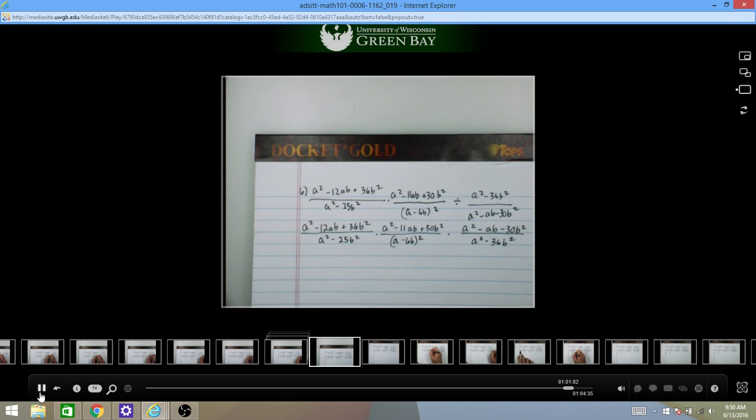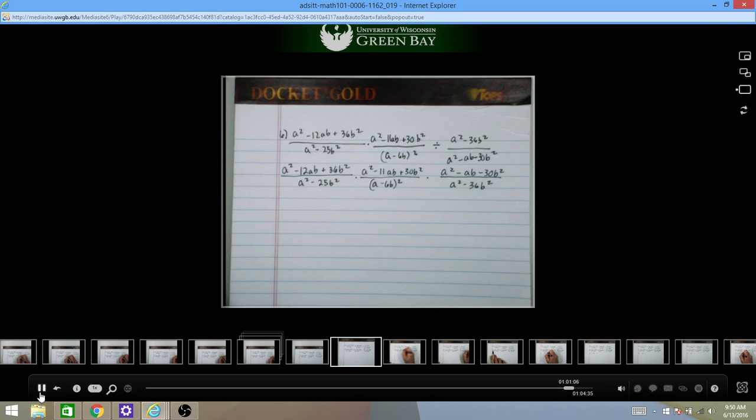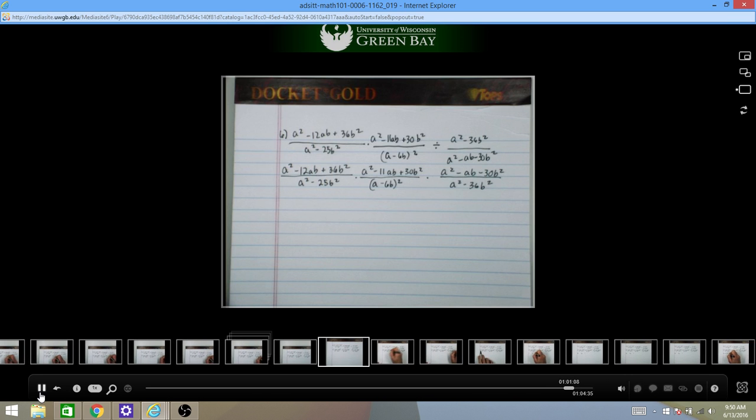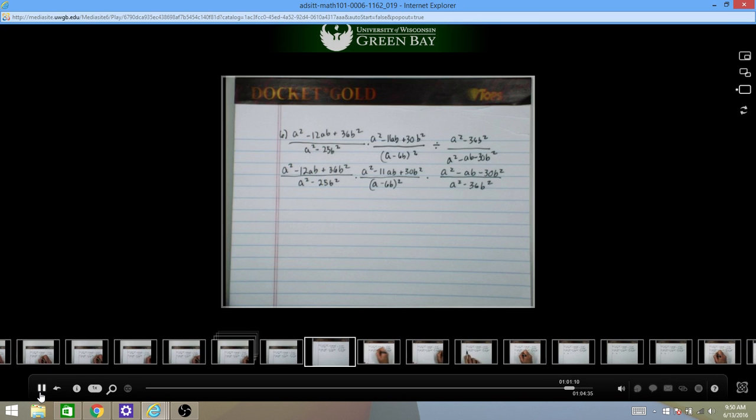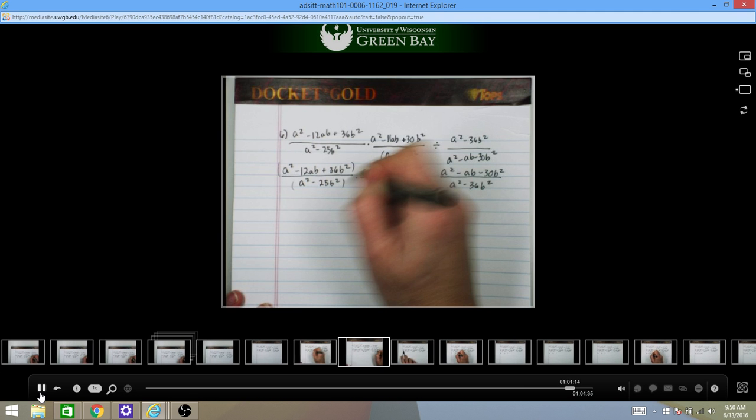Dividing means flip and multiply, and then instead of actually distributing anything, we see if we can factor and cancel. So we have all of these multiplying together, but we're going to factor and cancel, hopefully.